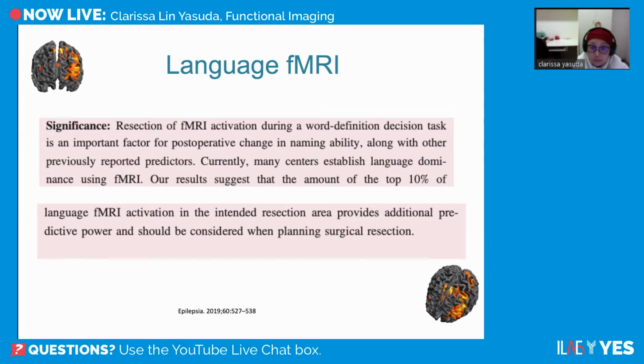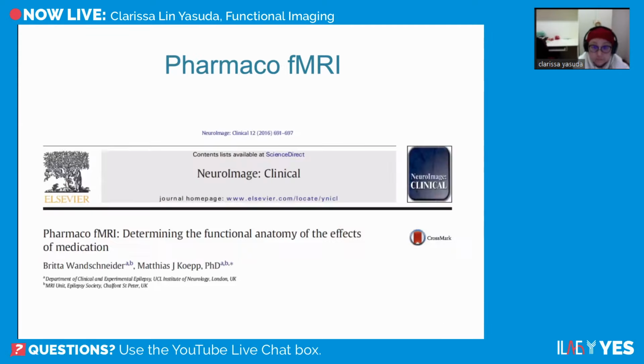So it's an example of how language fMRI can be used not only to visualize the location, but also to predict verbal decline after surgery, right?